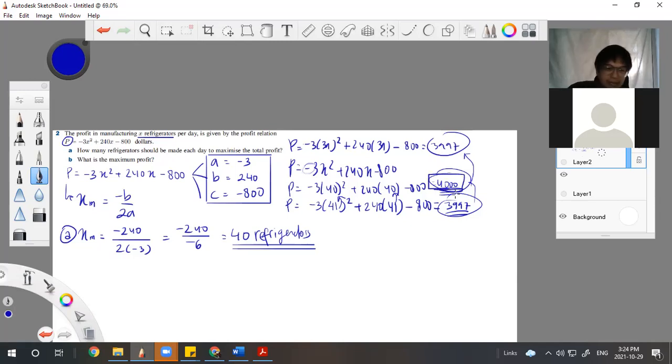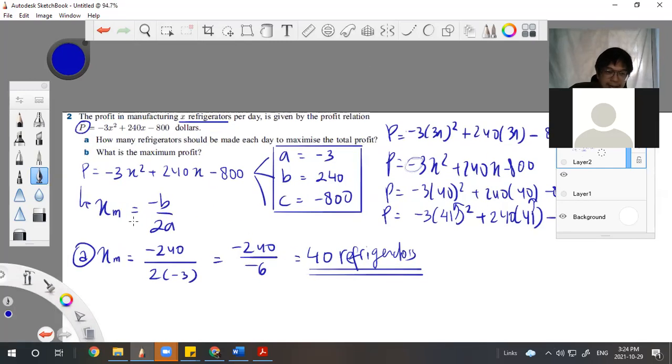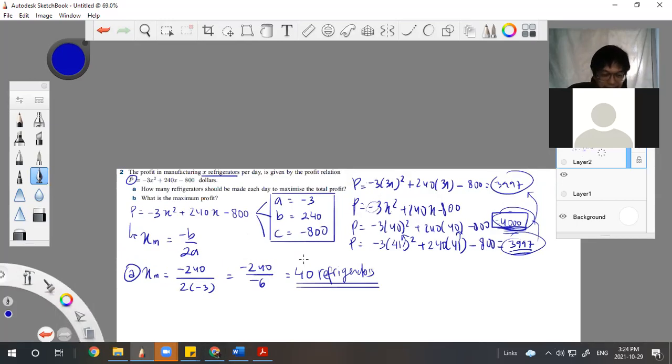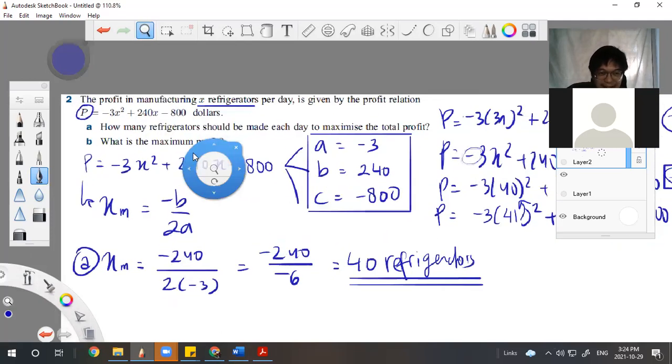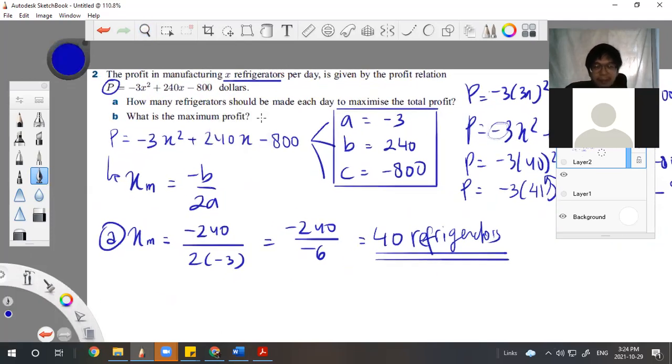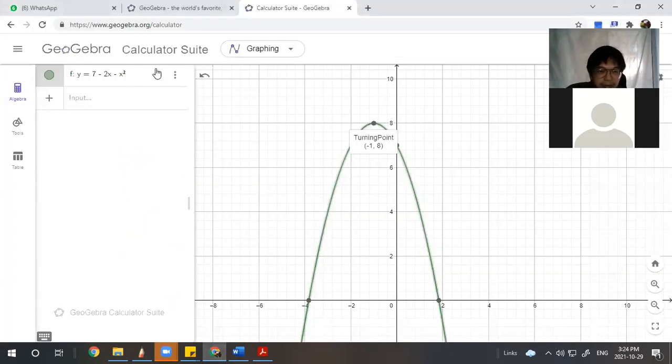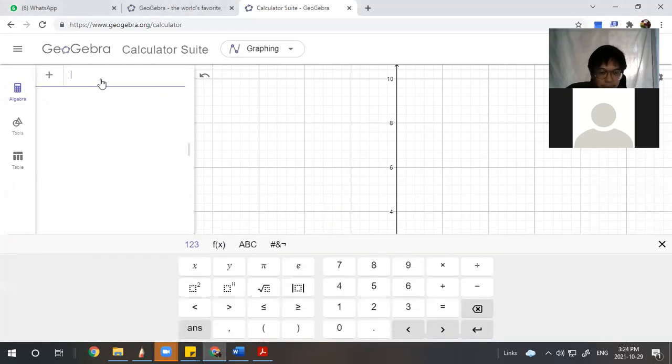Why? Because when you look at the graph, this is the maximum. I don't think your teacher will teach you this, but I hope that your teacher will teach you this. Again, I'm trying to give you a broader perspective about this. So what is it? y equals, not P, because GeoGebra can understand y and x only.